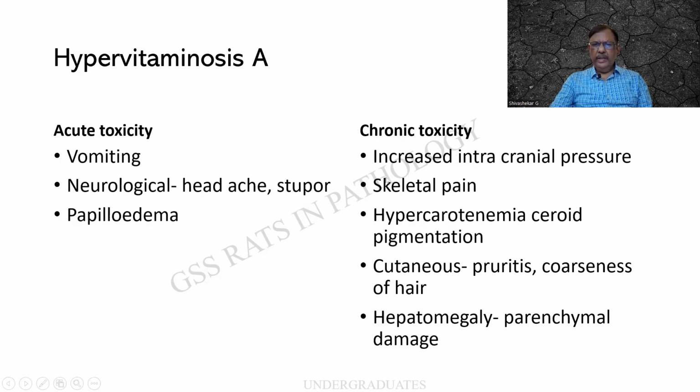Chronic, on the contrary, again there can be increased intracranial pressure, headache, skeletal pain, bony pain can be there. Hyperkeratinemia can lead to the xeroid pigment or a yellowish pigment. Cutaneous, there can be pruritus and coarseness of hair. Hepatomegaly and other parenchymal damage can also manifest. So there is acute and chronic.